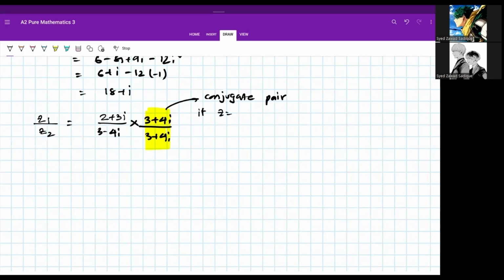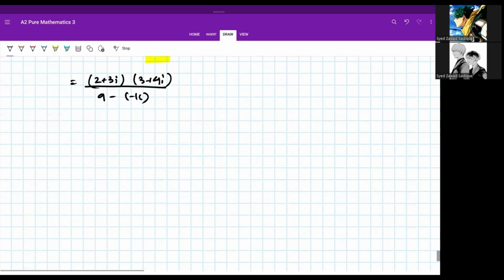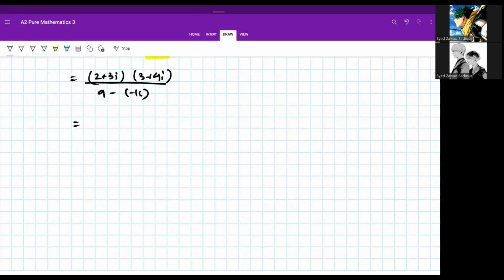If z equals 3 plus 4i, the conjugate pair, denoted with a star, is 3 minus 4i. The sign changes. So this would be 2 plus 3i times 3 plus 4i over 9 plus 16, which is minus 6 plus 17i by 25.